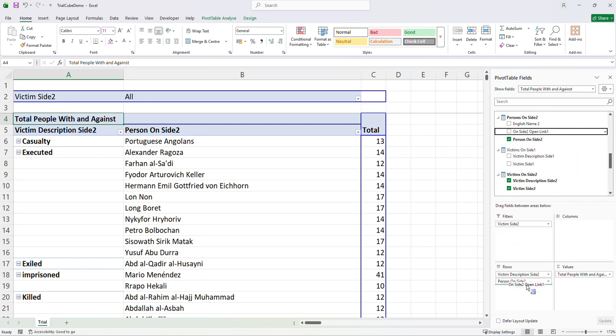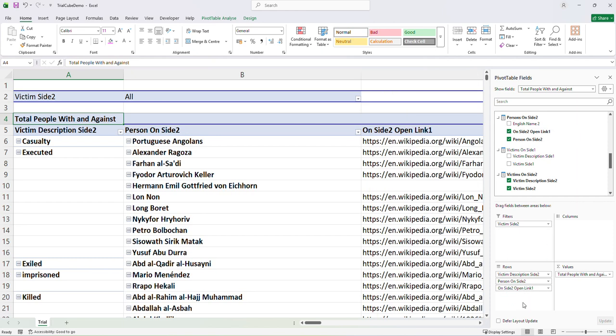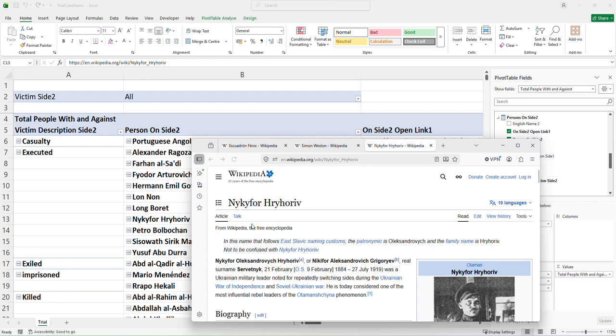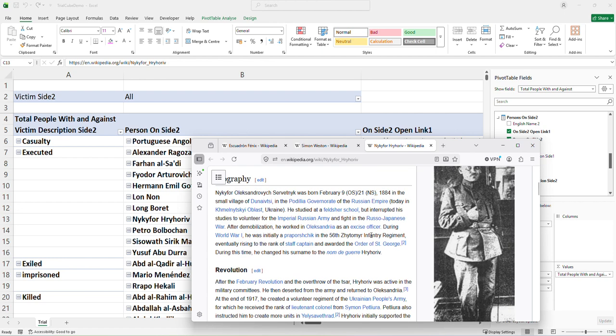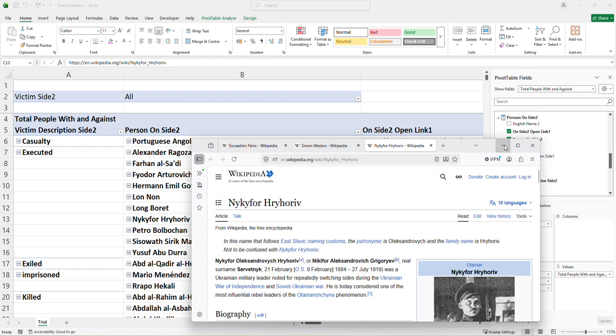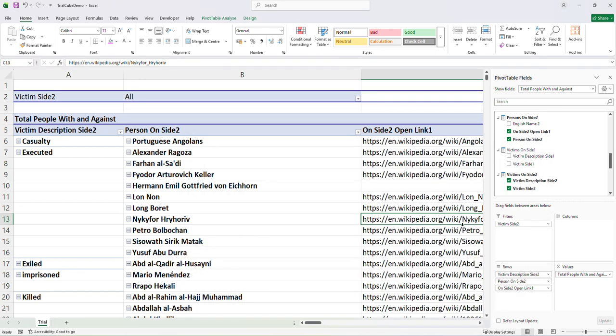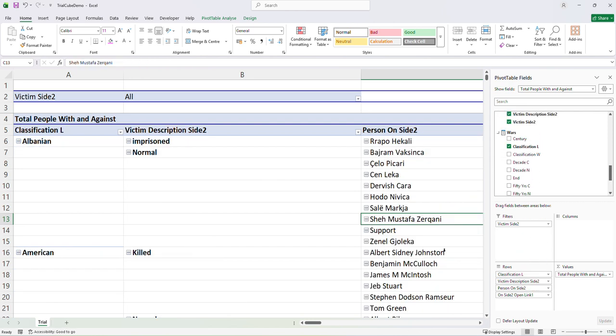If I want to study more about them, say for example Hi Horiv, I bring in the link, it shows me Hi Horiv, and I can learn more about this particular person. If I want to know the nationality, because this is the loser side, I'll just bring in this one, and it becomes so easy.